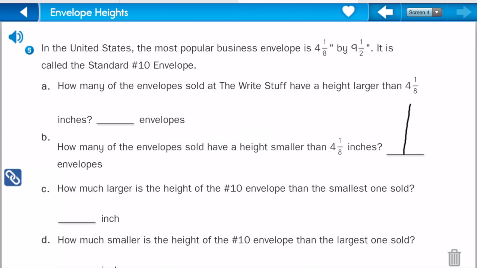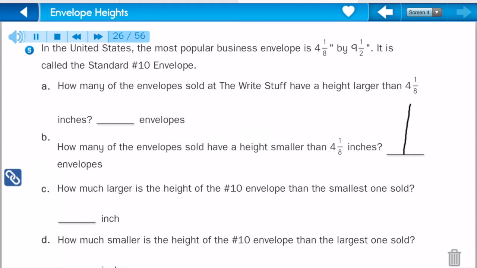All right. So this says, Envelope heights. 5. In the United States, the most popular business envelope is 4 1/8 inches by 9 1/2 inches. It is called the standard number 10 envelope. A. How many of the envelopes sold at the Right Stuff have a height larger than 4 1/8 inches?